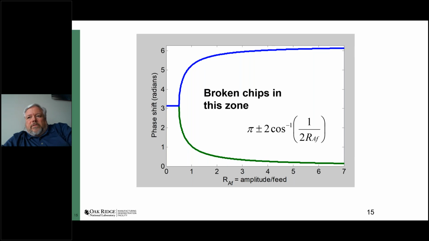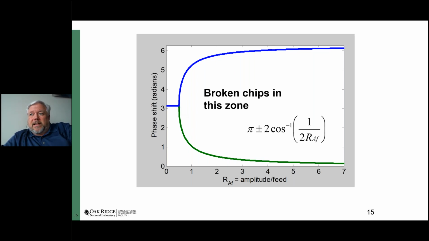And in either one of those cases, the chip does not necessarily break. It's back to the normal turning type conditions. But in between, all the stuff that's over here where it says broken chips in this zone, that's where the breaking happens.